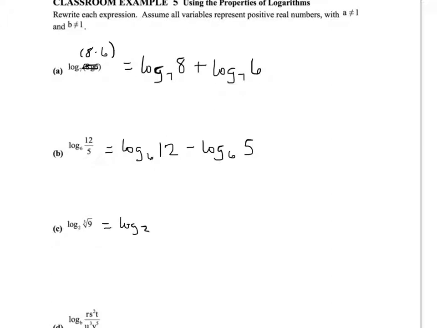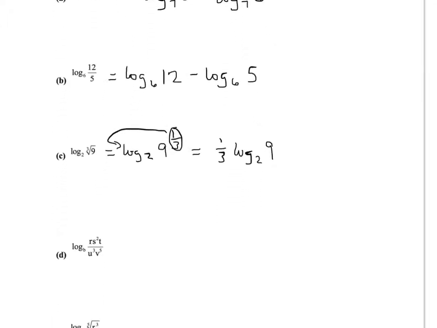If this is rewritten as log base 2 of 9 to the 1/3 power, now I see a rule I can use, because if I have an exponent on the argument, remember that power rule tells me I can pull it down in front and multiply it times the logarithm. So it would become 1/3 times log base 2 of 9. That's all you do, is take the exponent, pull it down in front, and then you would multiply.